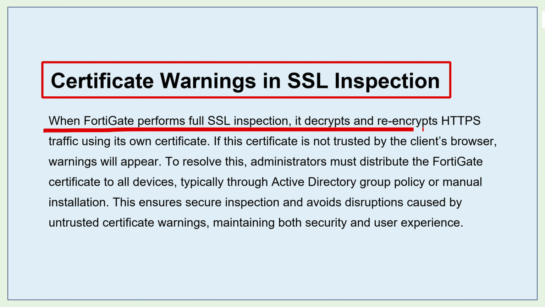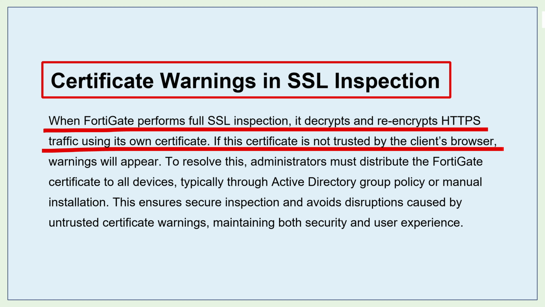When FortiGate does SSL inspection, it uses its own certificate. If your browser doesn't trust this certificate, you'll see warnings. To fix this, the FortiGate certificate must be added to your device's trusted list, ensuring secure and smooth browsing.